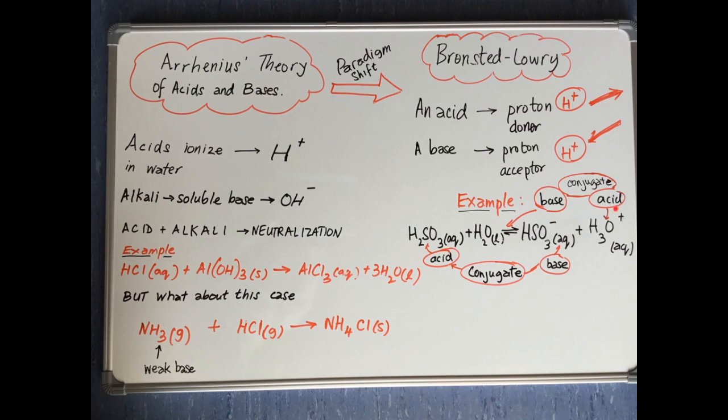And when the hydronium ion gives off a proton, donates a proton, it behaves as an acid and it returns to H2O, which is the conjugate base. So again, the difference between the members of a conjugate acid-base pair is the presence of a single hydrogen ion or a proton.